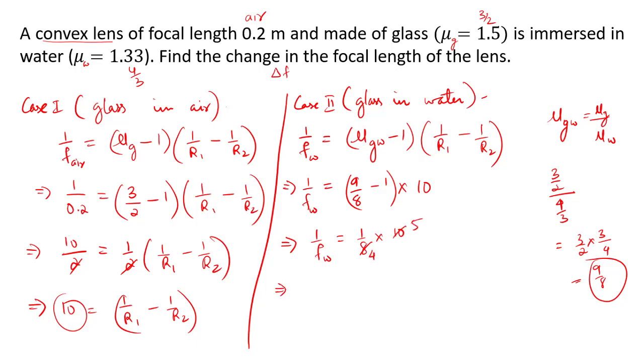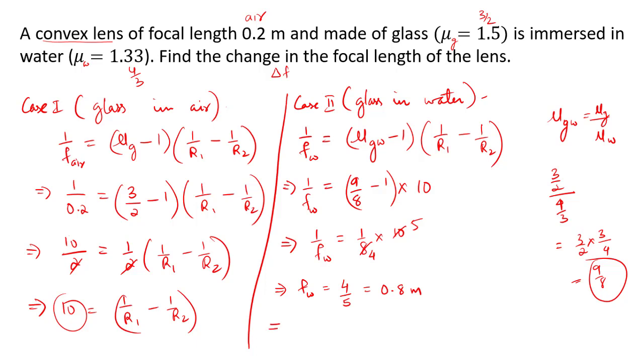We want to calculate FW. FW is 4 by 5. Taking it upside down, it is 0.8 meter. In water it is 0.8 meter.